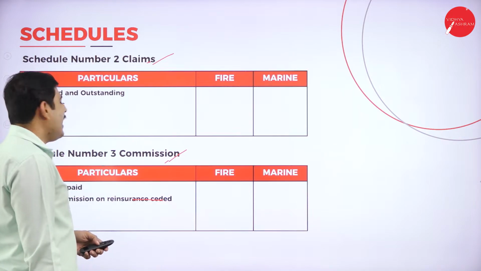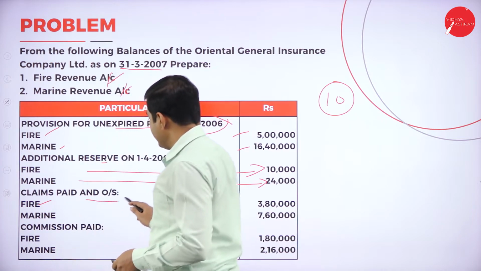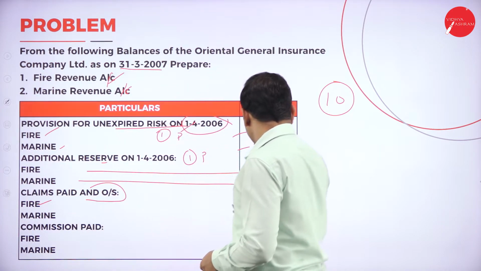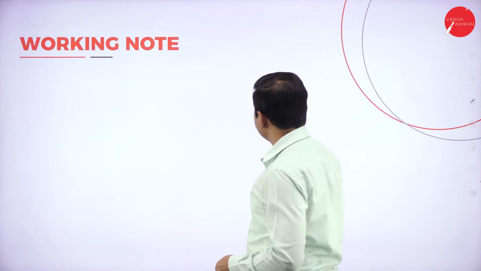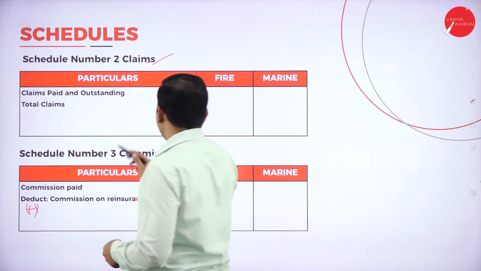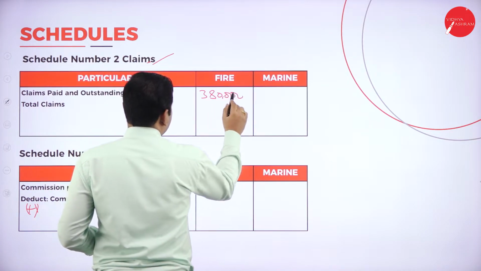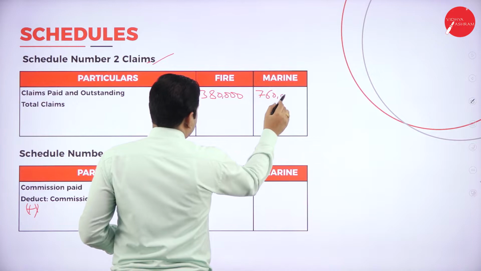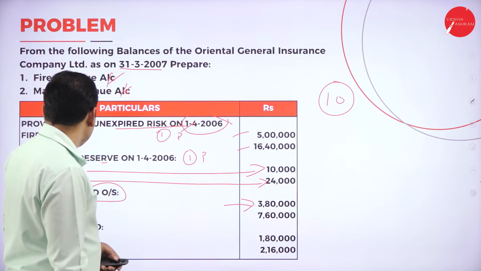Claims paid and outstanding. Look at the claims paid here. So it is 3 lakh 80,000 and 7 lakh 60,000. We don't have any outstanding in the adjustment.